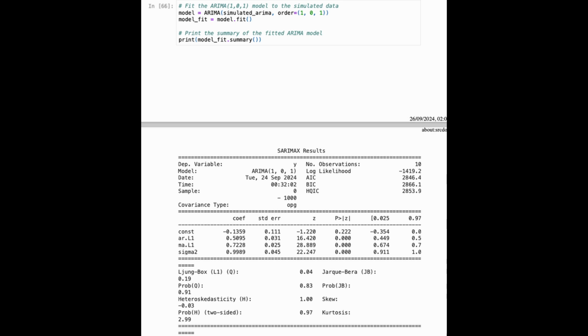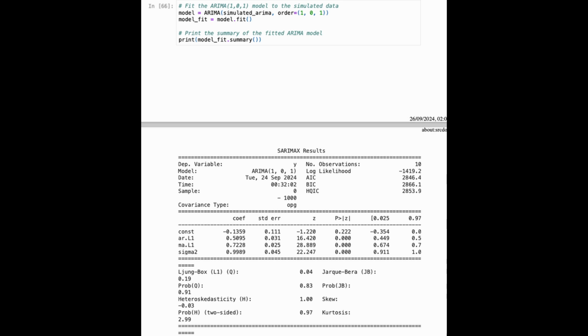Again, when you look at the p-value of 0.83, significantly above 0.05, it indicates we fail to reject the null hypothesis of no autocorrelation. This suggests that the residuals are uncorrelated and the model is well fitted in terms of capturing the autocorrelation structure.